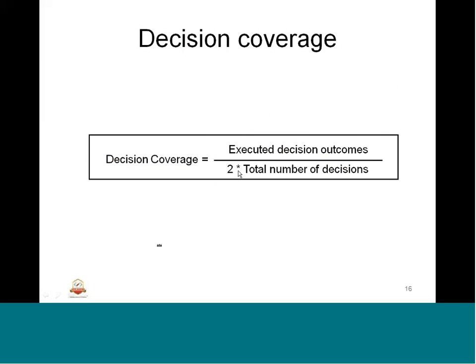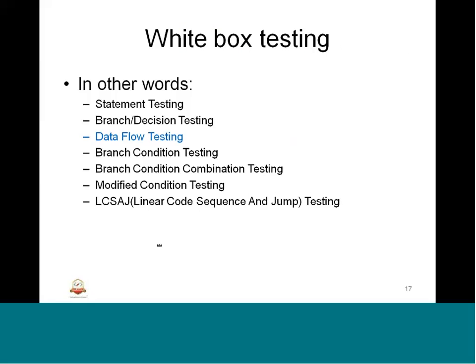So there is 2 in the denominator and 2 in the numerator. That will make 100% decision coverage. So that is about decision coverage.